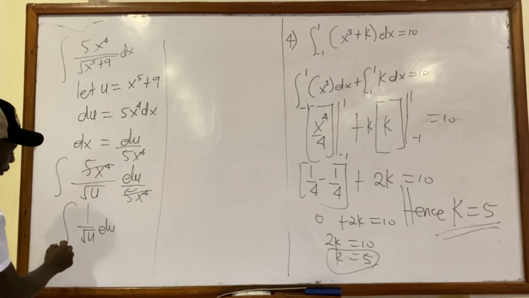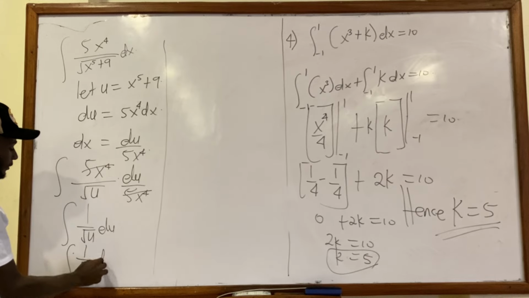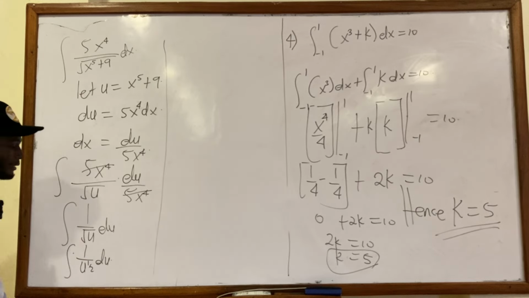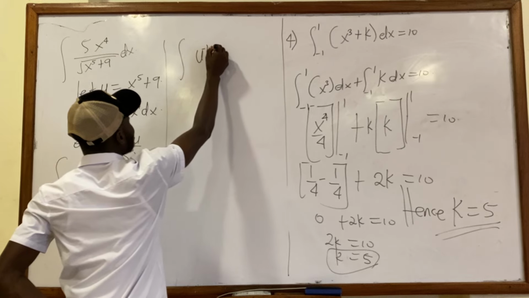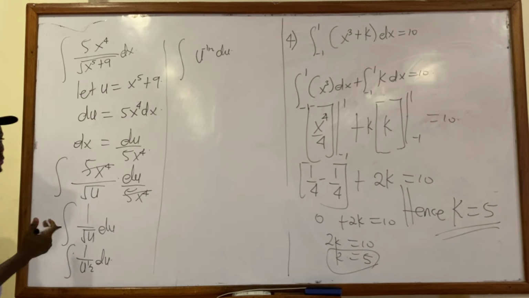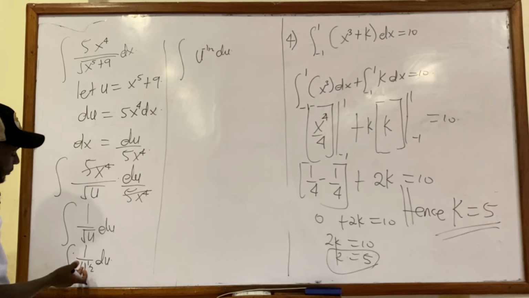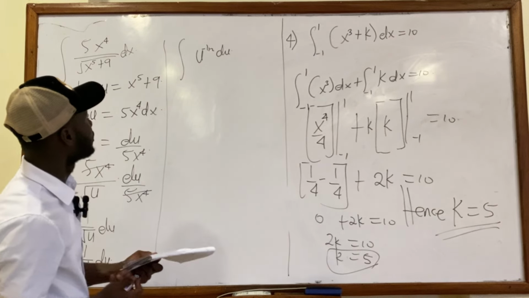Right, so when you integrate this, let's change the root to half. So we have 1 over u power half du, and so u power negative half du. All right, we are changing this from fraction to linear.